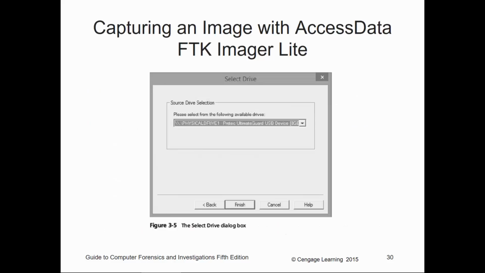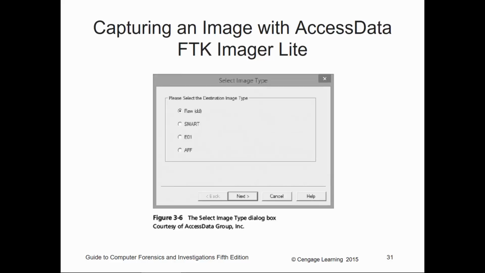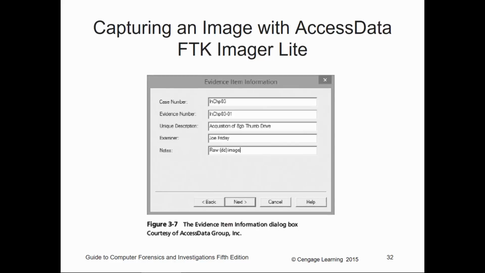So here we have, again, we select the appropriate drive. We select the appropriate image type. We enter the appropriate evidence information. If we're having a case, evidence number, a description, who's doing it, and notes. So what's the difference between a unique description and notes?